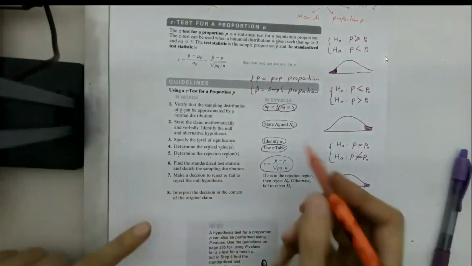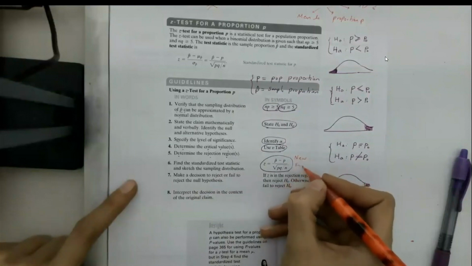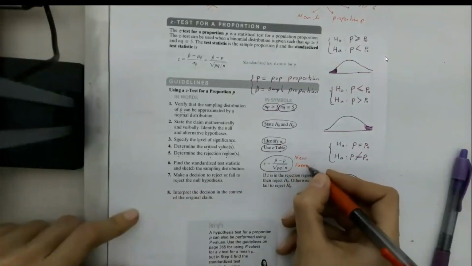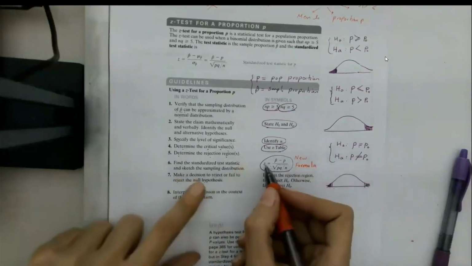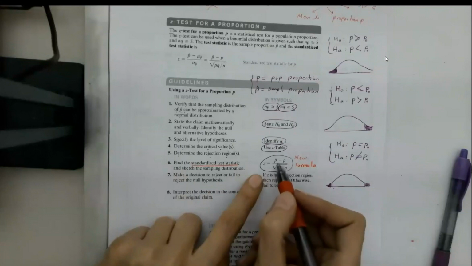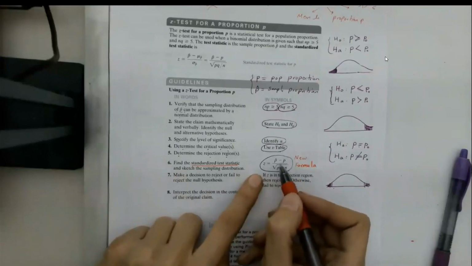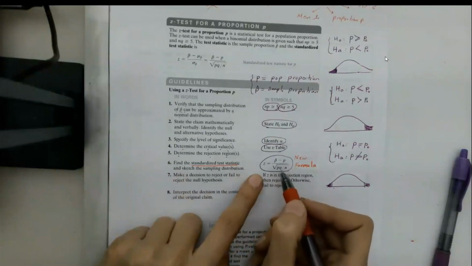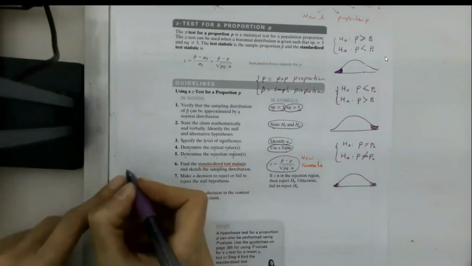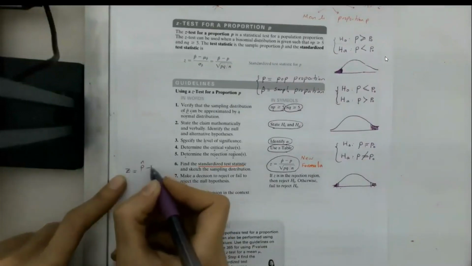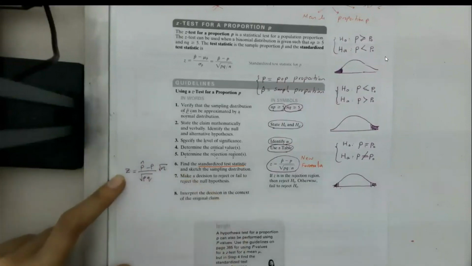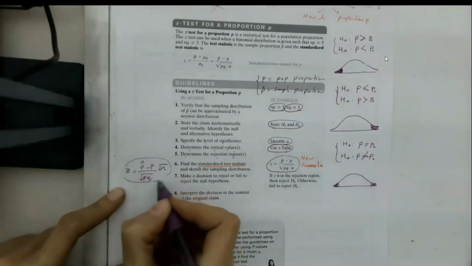Then we need to find the standardized test statistic, which is defined as a new formula. This is something new. We haven't seen it before. This formula says, hey, the standardized test statistic is defined as P hat minus P divided by square root of PQ divided by N. For simplicity, we can write Z equals P hat minus P divided by square root of PQ times square root of N. These two formulas are the same.